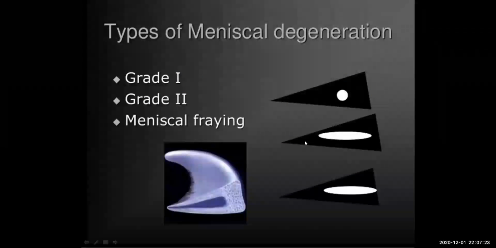This is the types of the meniscus if you took it like that. This is the medial side, this is the most peripheral side, this is the central, and this is the kind of change that you'll find. It is nothing but an increase of the water content inside.